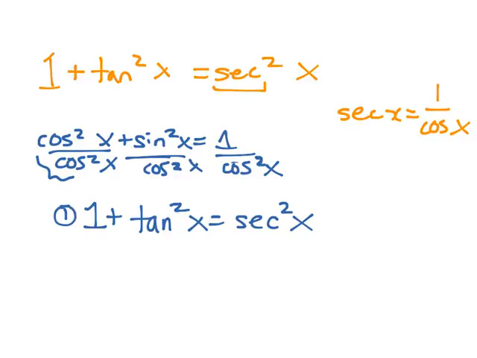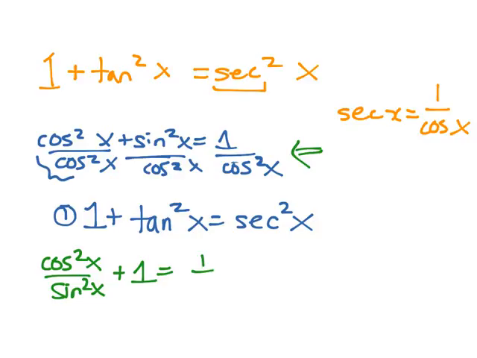Another way to do it is if we divided both sides here by sine squared x instead of cosine squared x, in which case we would get cosine squared x over sine squared x plus 1 is equal to 1 over sine squared x, which is cosecant.